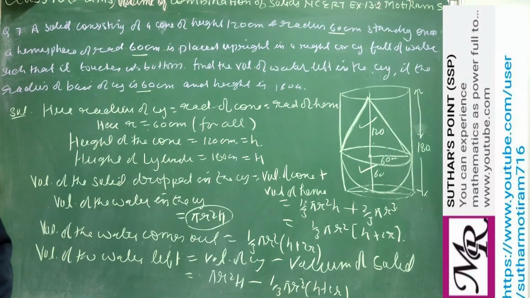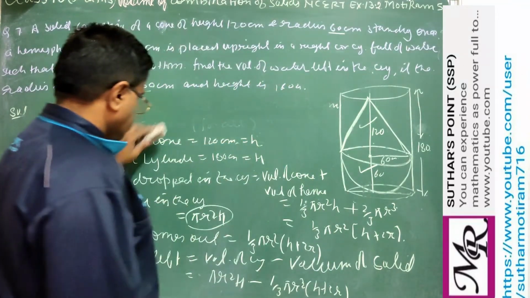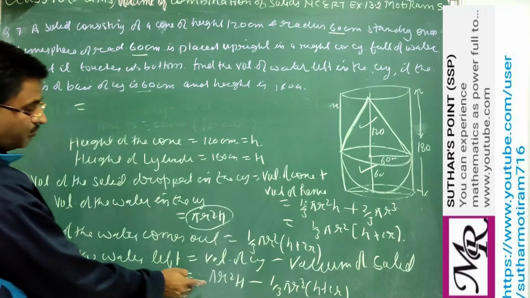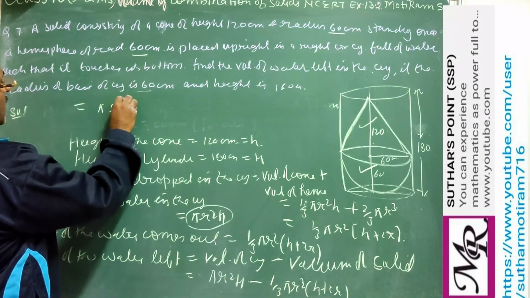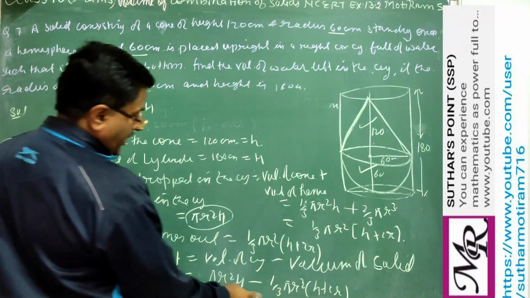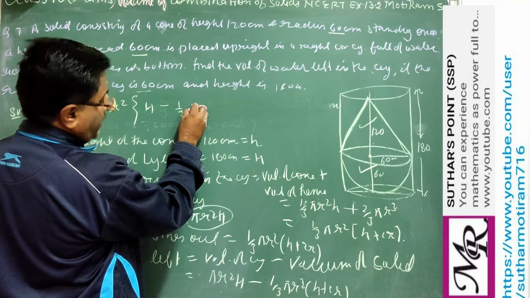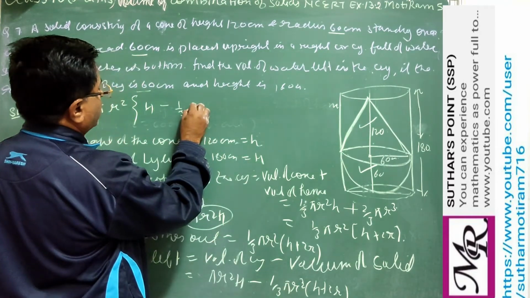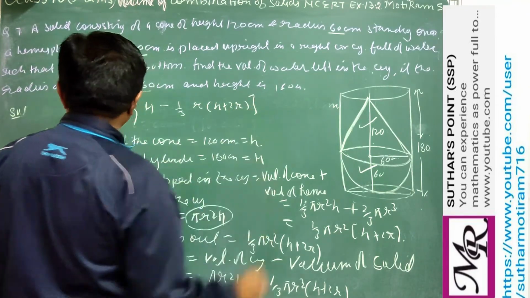Clear? So now putting these values we can simplify. Here, see, that is equal to pi r square, taking common throughout. Here H is left, and here minus 1 by 3 r, since we take r square common, only r is left, (h plus 2r). Now we put the values.